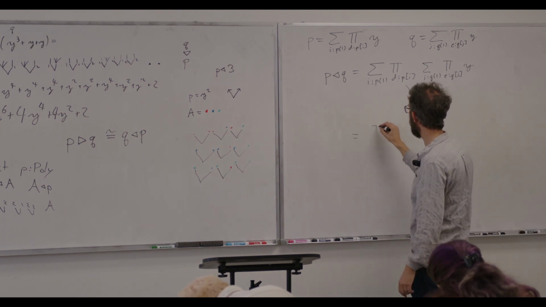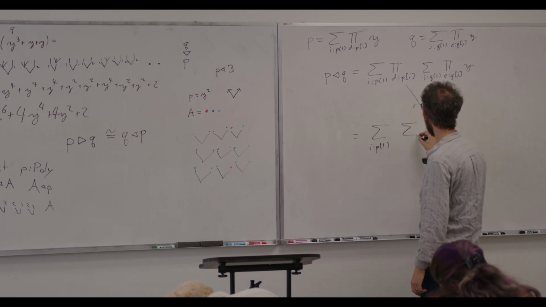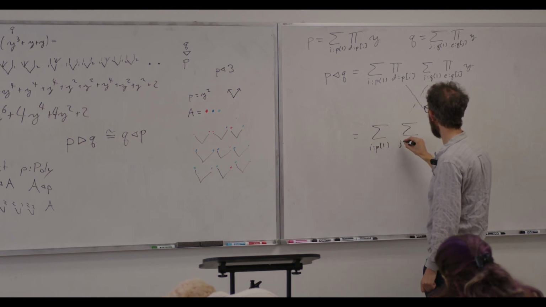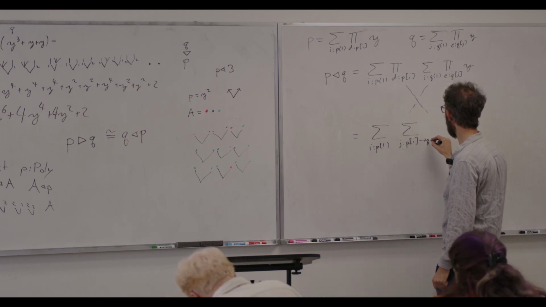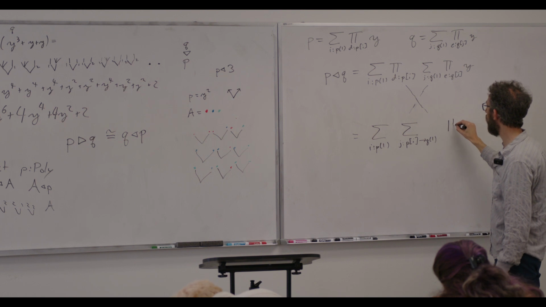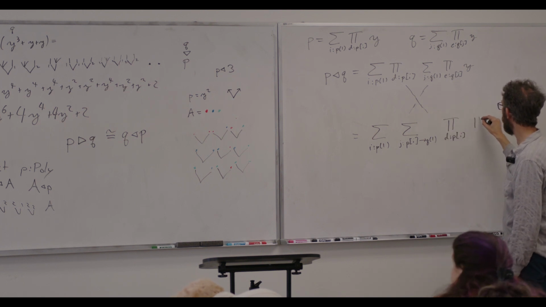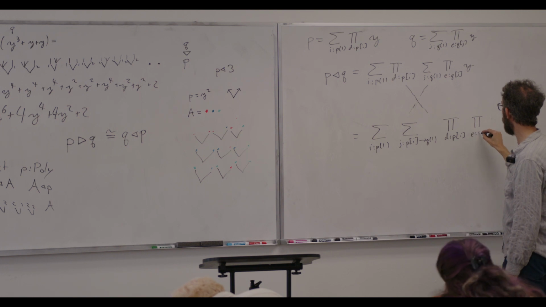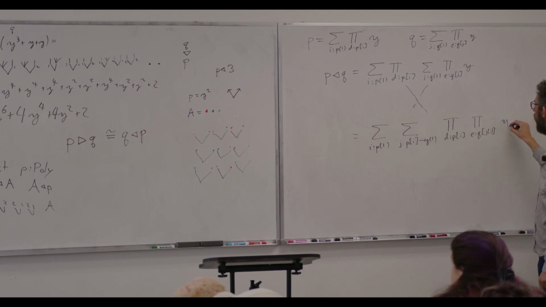So that is the sum over i in P of 1, of the sum over all functions j that take P[i] to Q, of 1, of the product over all d in P[i], of the product over all e in Q[j(d)] of y.